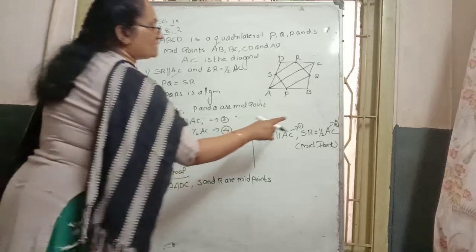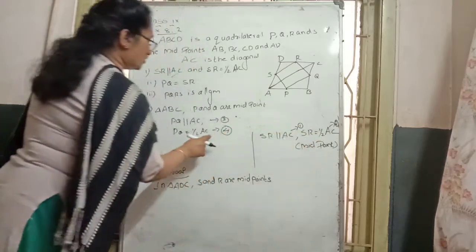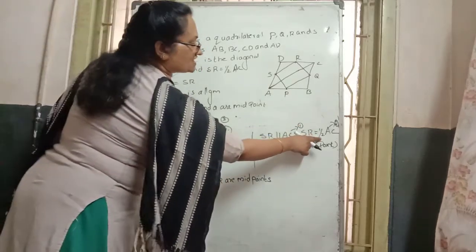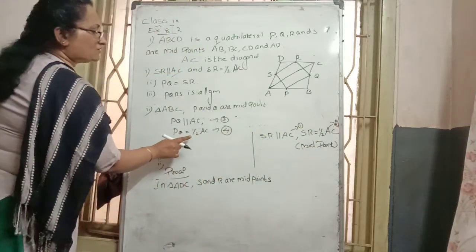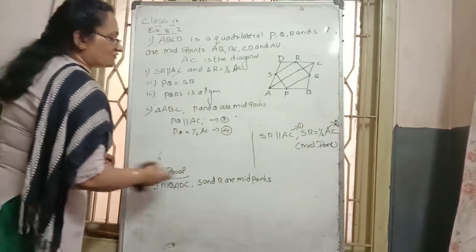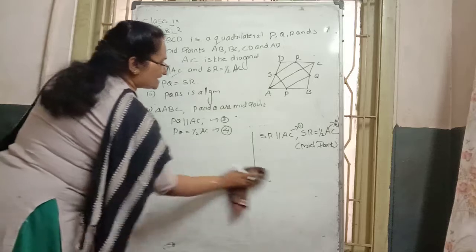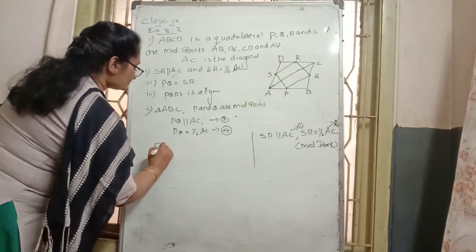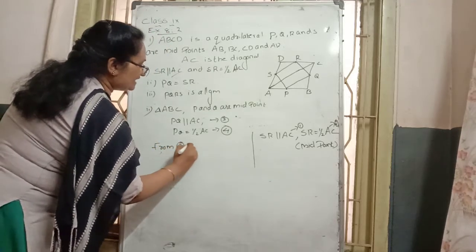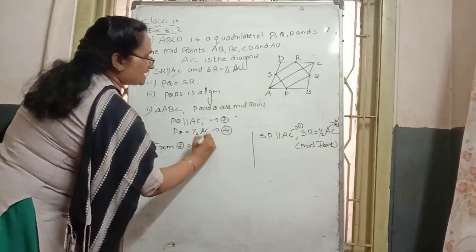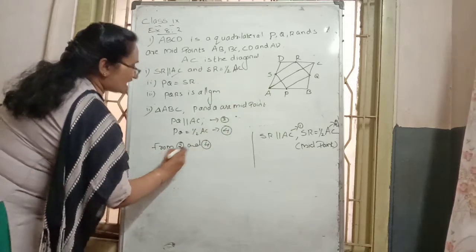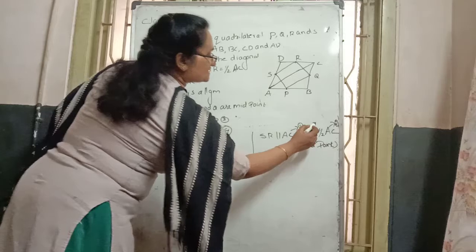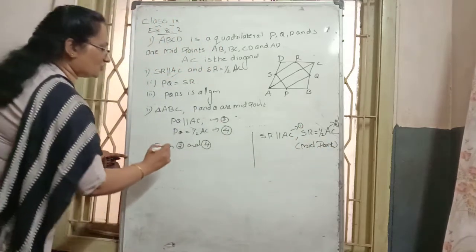Then compare the second equation and the fourth equation. In the second equation SR is half of AC, and in the fourth equation PQ is half of AC. Comparing them, both right sides are the same, half of AC.